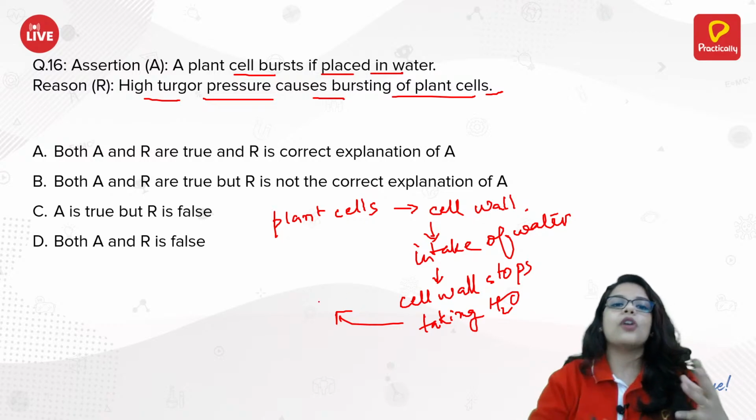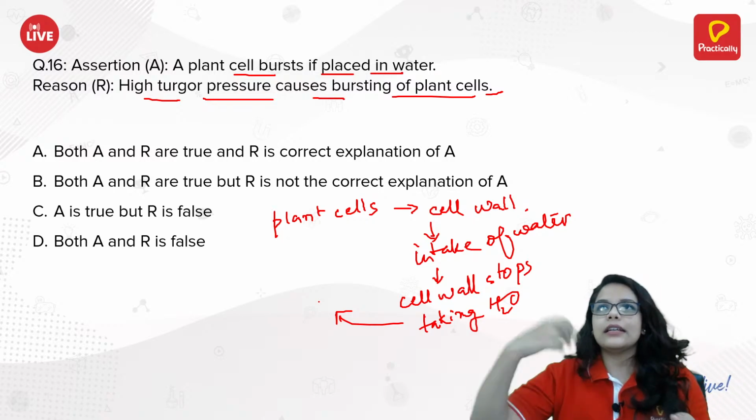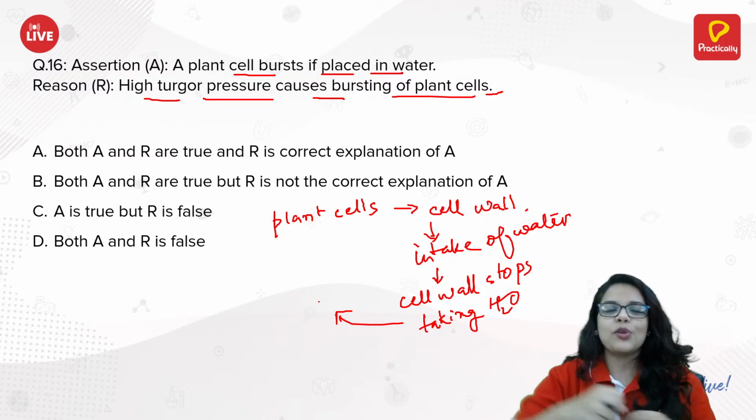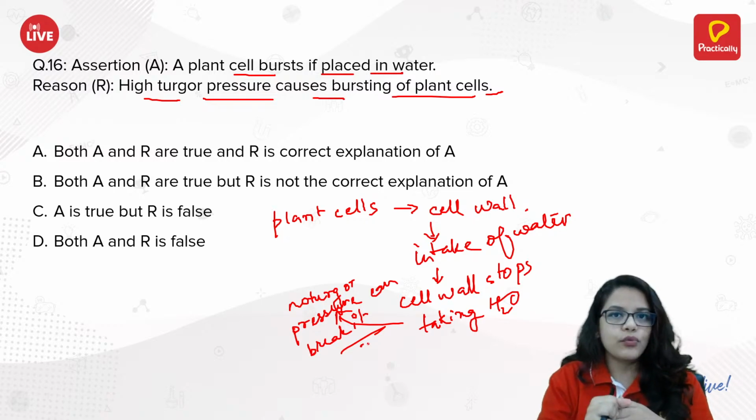So there is no turgor pressure or anything which will help in bursting of plant cells. Otherwise, there won't be any plants, because it will keep taking water and it will start bursting. No, it doesn't work like that. Up till a certain point only, it will fill itself, and after that, it will stop taking water. So no turgor pressure can break it, because the cell wall can control the intake of water.